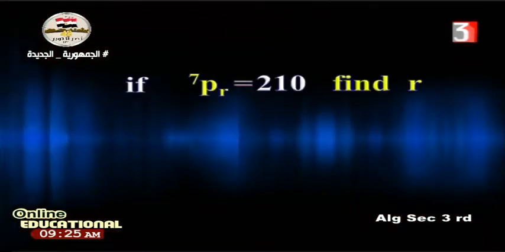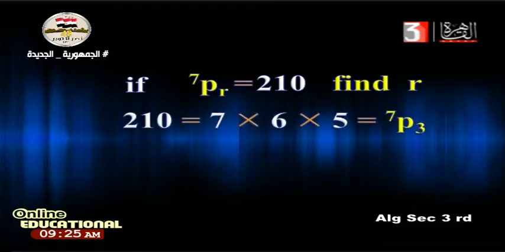Another example, 7Pr equals 210. What is r? Choose the correct answer: r equals 2, 5, 4, 3. Look at 7Pr. When 7Pr is 210, we factorize 210 into 3 numbers, starting from 7. Why?